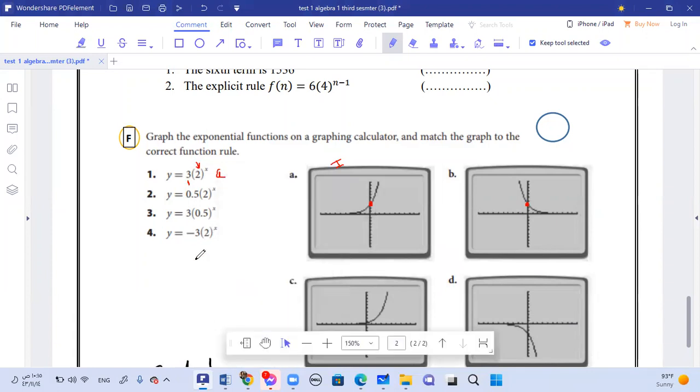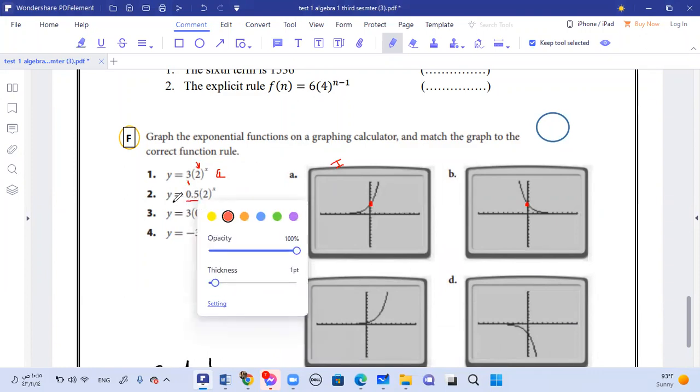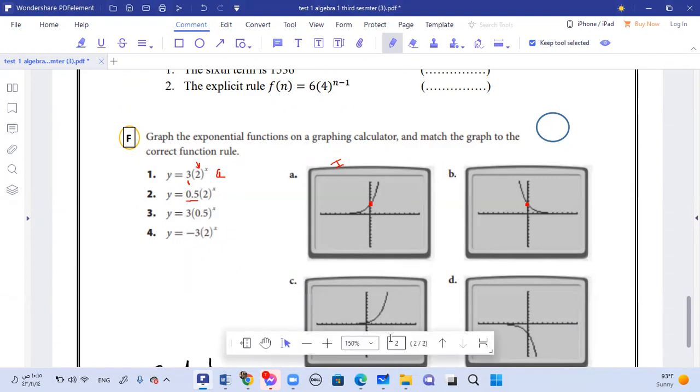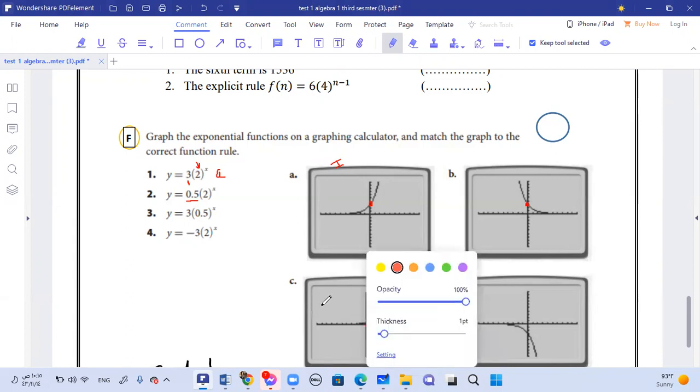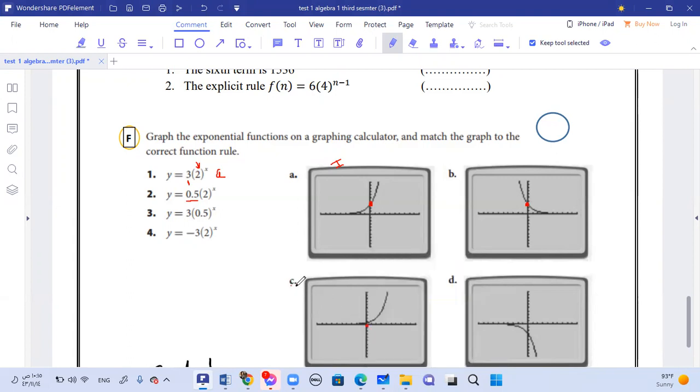I will try to solve this one now. 0.5. Which graph intersects the y-axis at 0.5? Only this one represents 0.5 on the y-axis. Surely not 3. Surely not negative 3. 0.5, so this represents C.